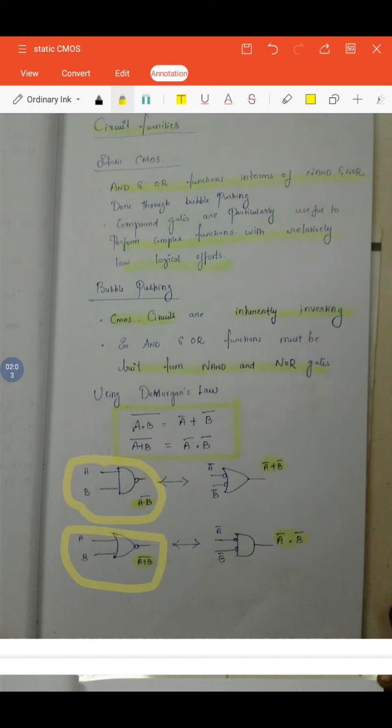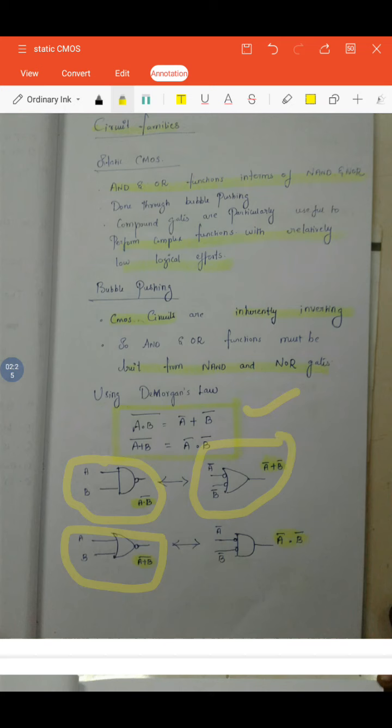The NAND gate can be represented as (A dot B) the whole bar is equal to A bar plus B bar. That means the OR of two inverted inputs. A bar and B bar are the two inverted inputs that must be ORed. So I can draw the diagram like this.